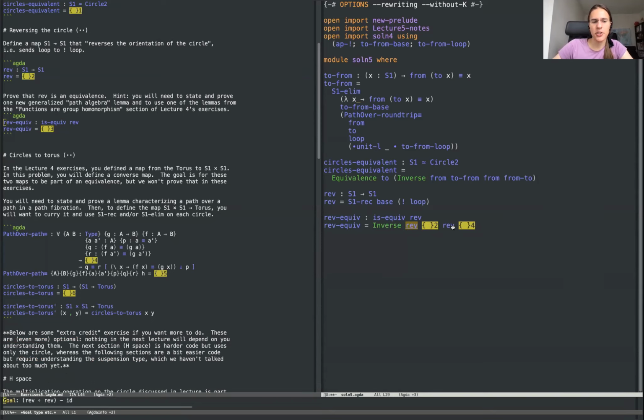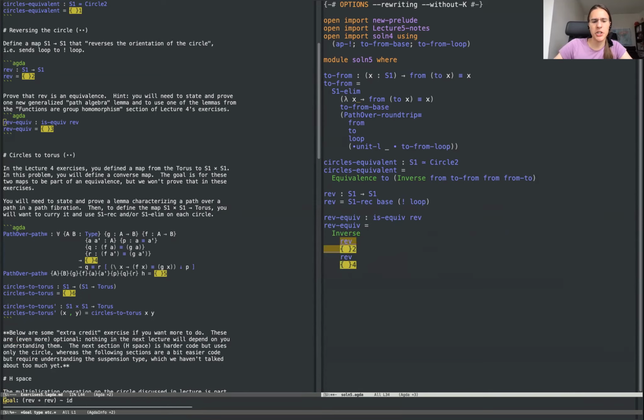And then here I need to construct two homotopies. And I think that I'm probably going to want to prove some lemmas, but let's see if I can do it inline. It would be interesting if I could do it inline. Well, actually, both of these composites are the same.